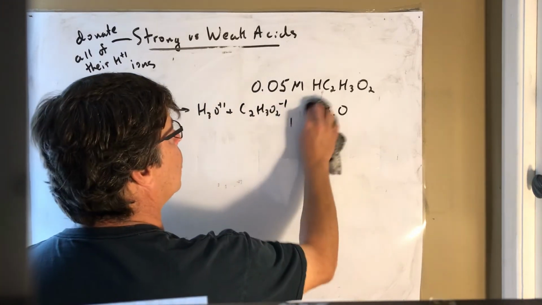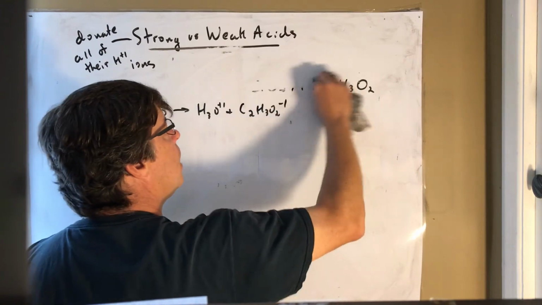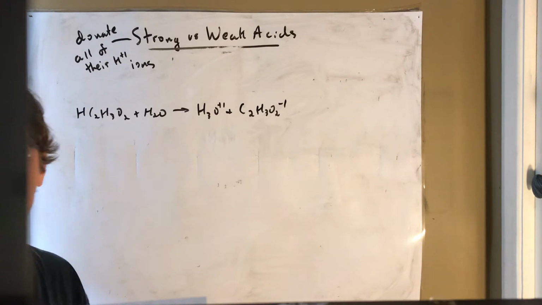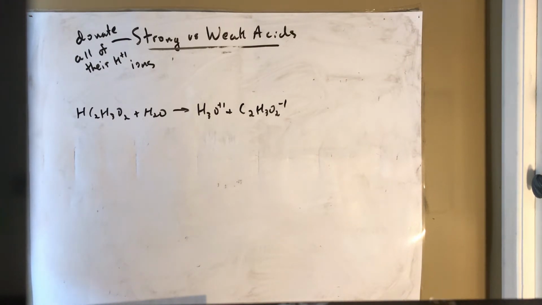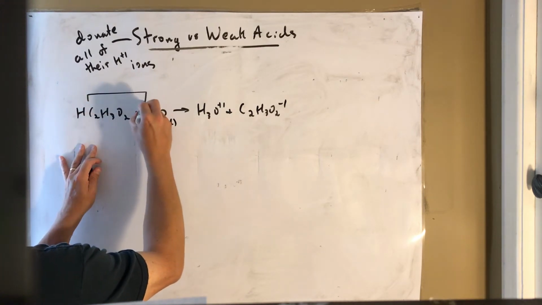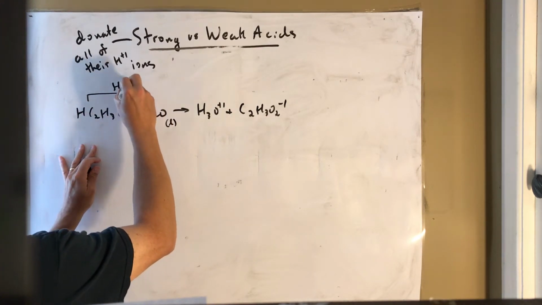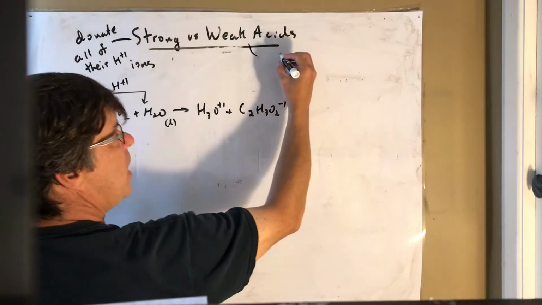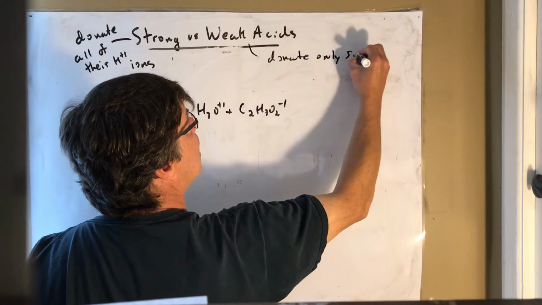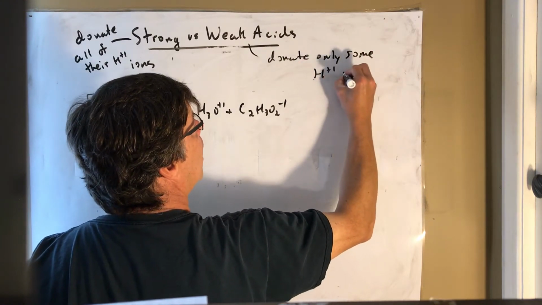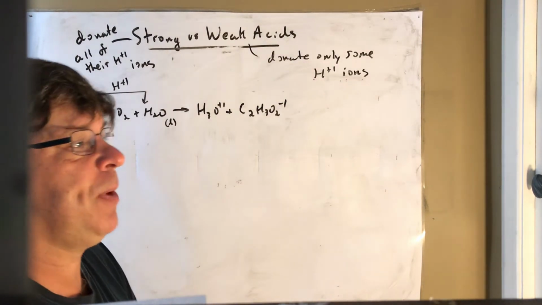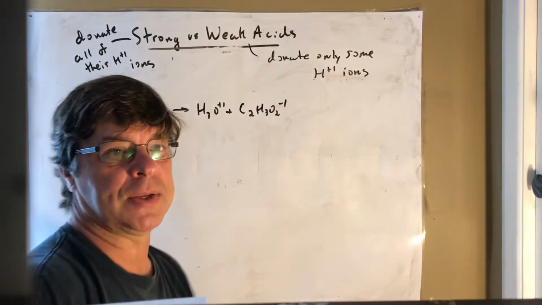We're going to need some room. As you may have guessed, this acid will donate only some of its hydrogen ions. Weak acids donate only some of their hydrogen ions. That's what makes it weak. That's why the pH is greater. Fewer hydronium ions are going to be produced.